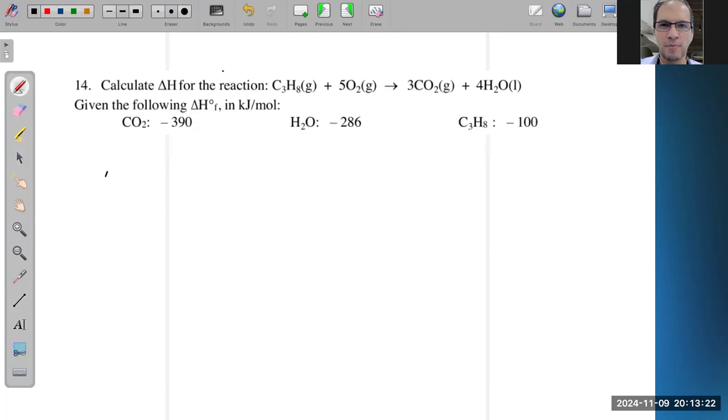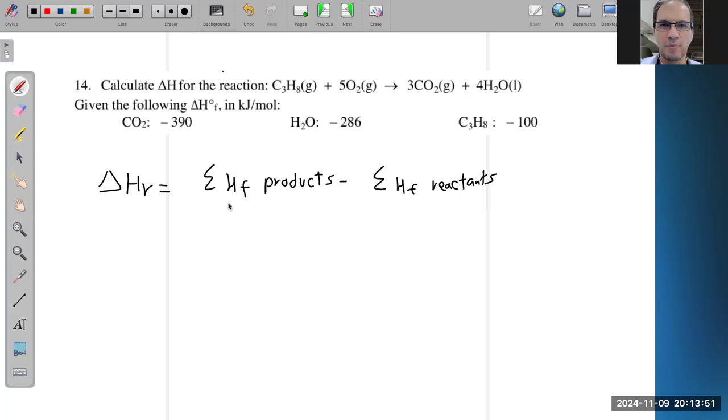What is the delta H of the reaction equal to? Sum of the entropy of the products minus the reactants. Okay. Delta H of formation of the products minus delta H of formation of the reactants.